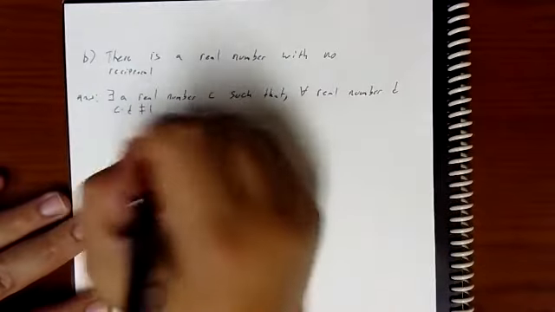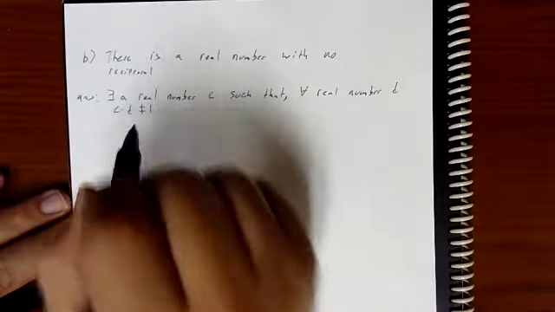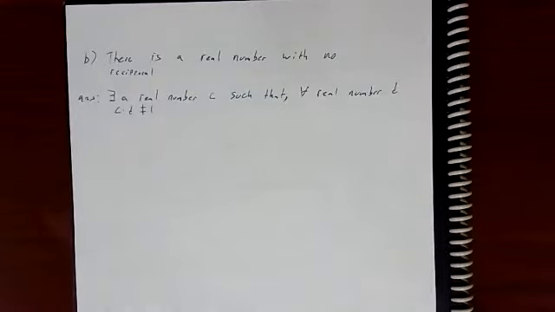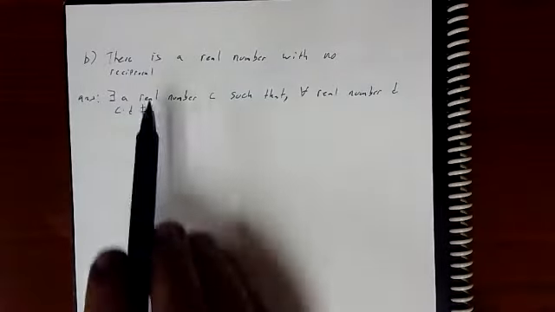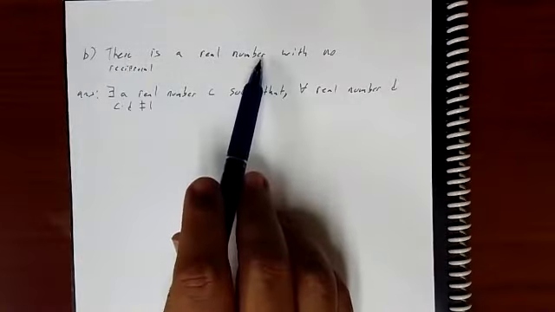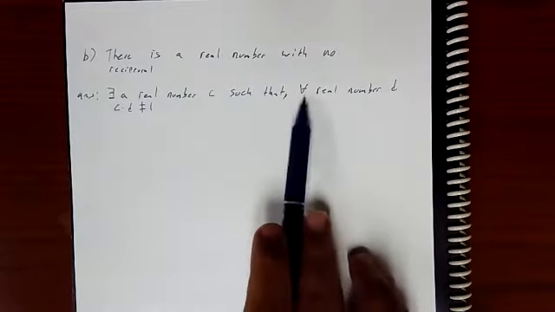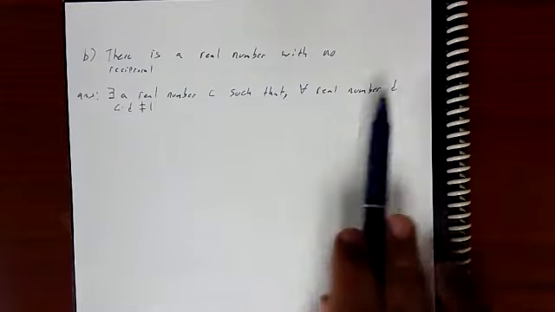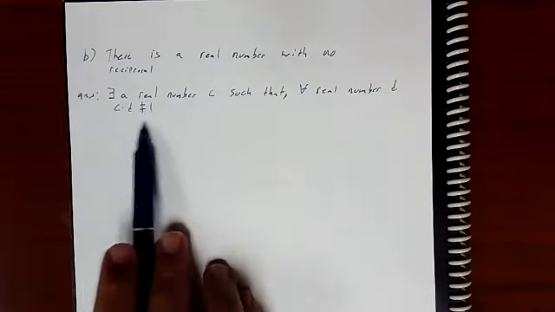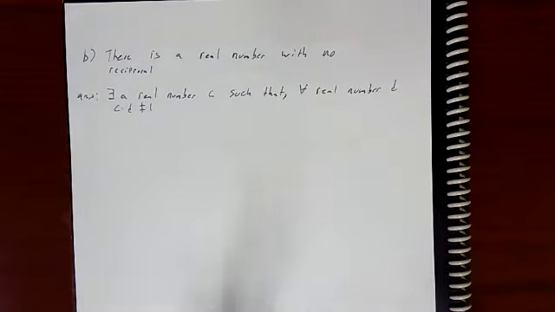Right, because this means no reciprocal, while c times d equal to 1 means reciprocal, according to the first part. So there exists a real number c with no reciprocal, so for all real numbers d, there is no reciprocal. That's what this is saying. Okay, so that's the first one. Let's do another one.